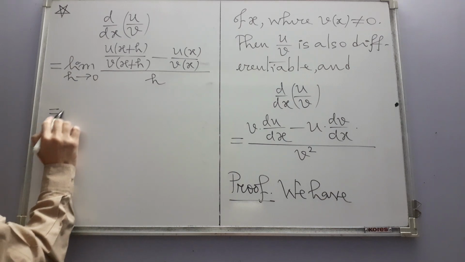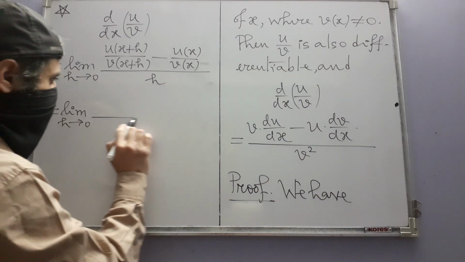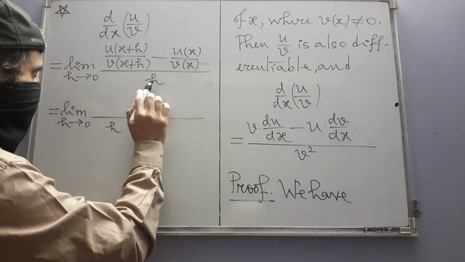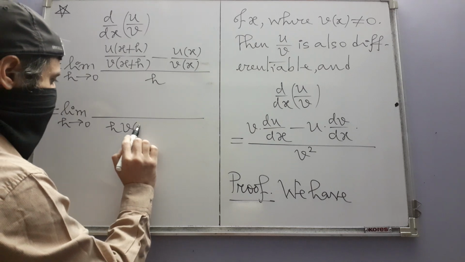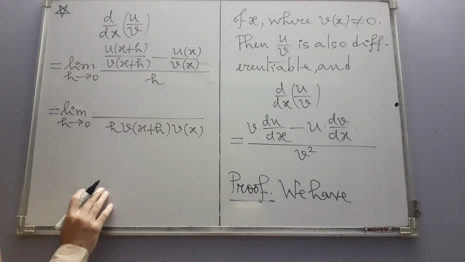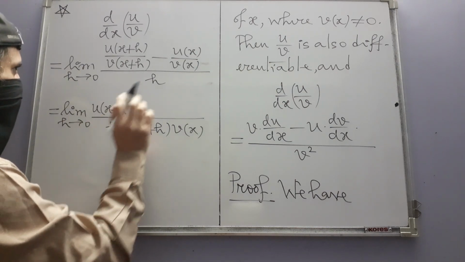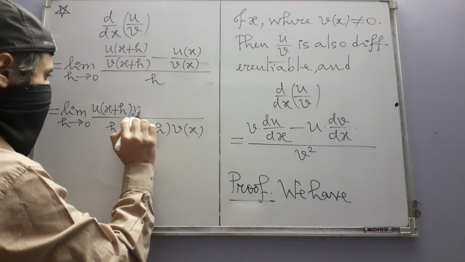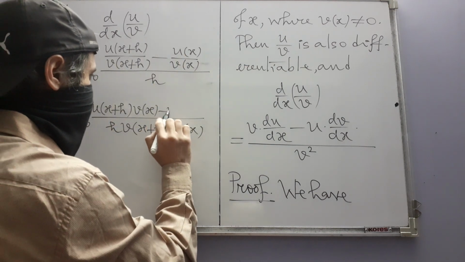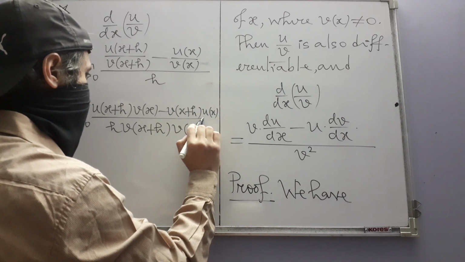Okay, so now let's do a little algebra. And now the denominator will gather some more terms than simply h. v of x plus h times v of x, and the numerator is going to be u of x plus h times v of x minus this times this, v of x plus h times u of x.